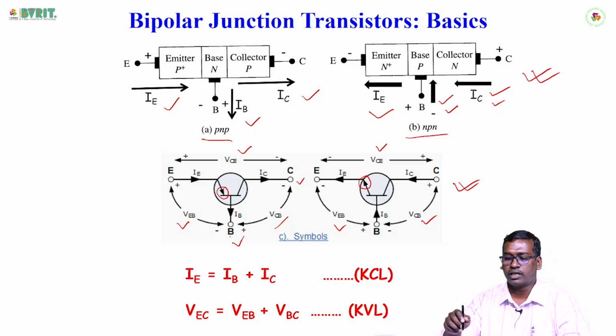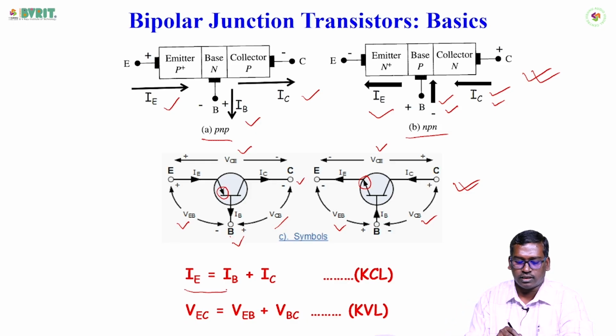All leaving currents are equal to the entering currents, or else the algebraic sum of the currents in a node is equal to 0. Or you can say that the entering current is equal to the leaving currents. From that we can understand that I is the entering current, and IB is the leaving current, IC is also a leaving current for the NPN transistor. This is the KCL for the transistor.